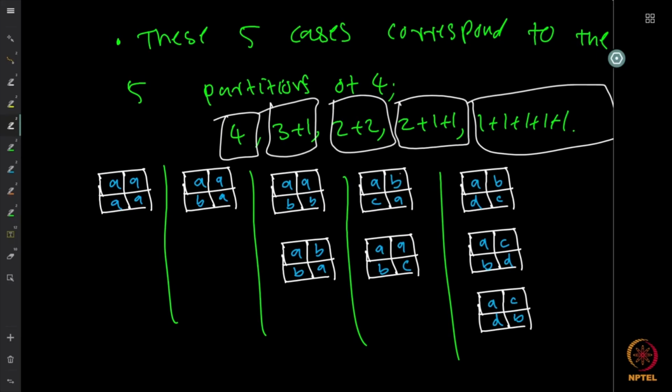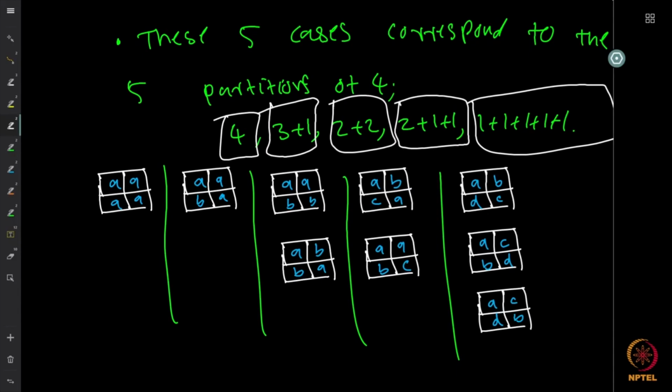Then you have A in the diagonal, B and C different, which is 2 plus 1 plus 1. And similarly, you have A here and B, C, again 2 plus 1 plus 1. Then you have all four different, so A, B, C, D, A, C, B, D, or A, C, D, B, right?